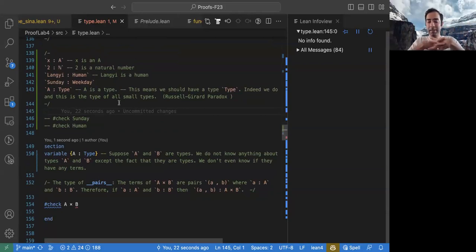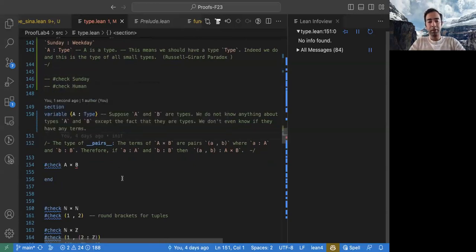Basically that's the gist of the story. Absolutely. So for now, if you're familiar with sets, then I think it's a good idea for intuition to think of types as sets, and for most of this course, I would say. Yeah, thanks. That was a great point.